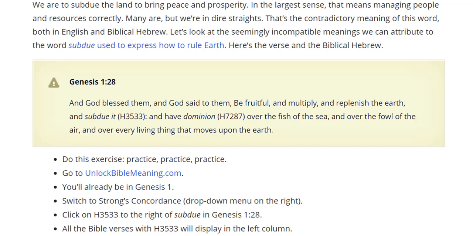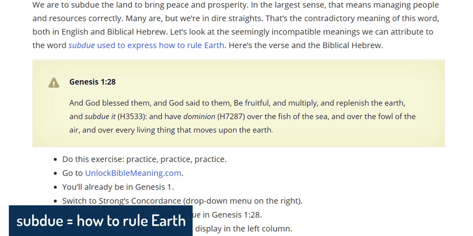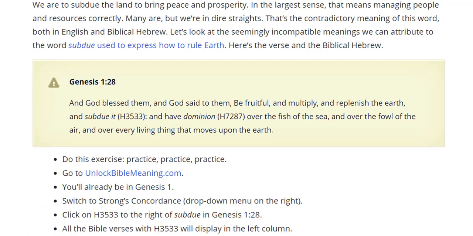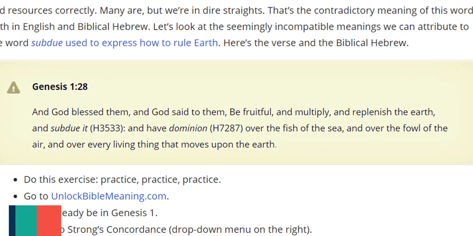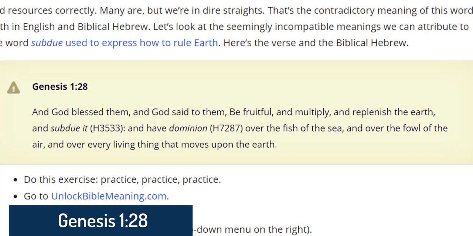Let's look at the seemingly incompatible meanings we can attribute to the word subdue, used to express how to rule earth. Here's the verse and the biblical Hebrew. Genesis 1, verse 28. And God blessed them, and God said to them, Be fruitful and multiply, and replenish the earth, and subdue it.